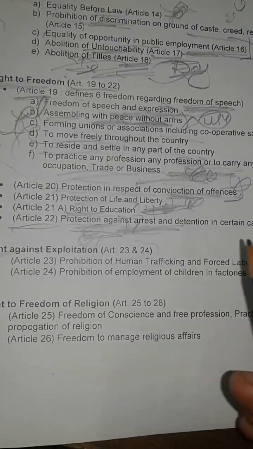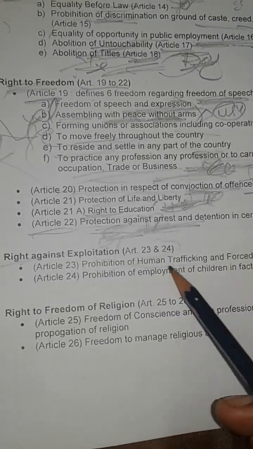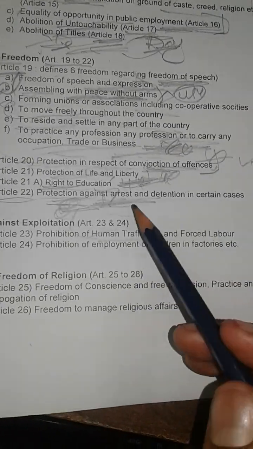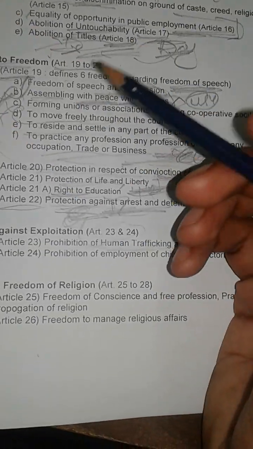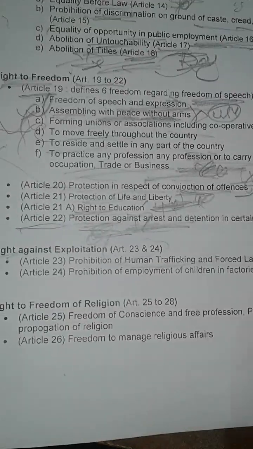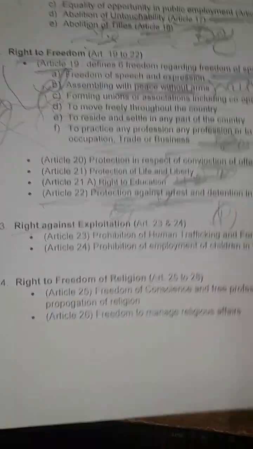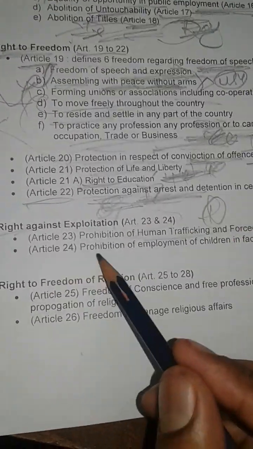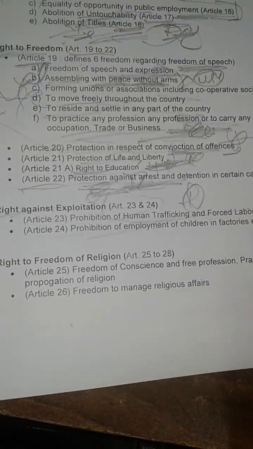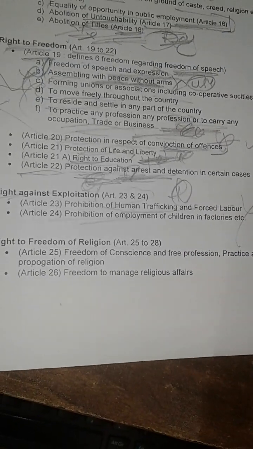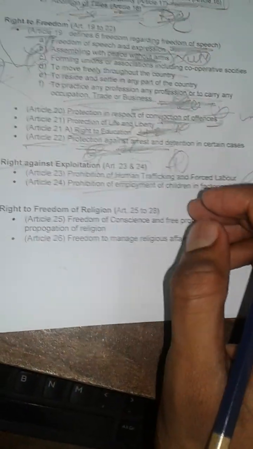Article 23 tells the states that they shall make policies for the prohibition of human trafficking and forced labor. The states shall ensure that no forced labor and human trafficking prevail in their state. At the same time, Article 24 tells about the prohibition of employment of children in factories, etc. These are the social articles included in the Constitution as fundamental rights to each and every citizen of India.